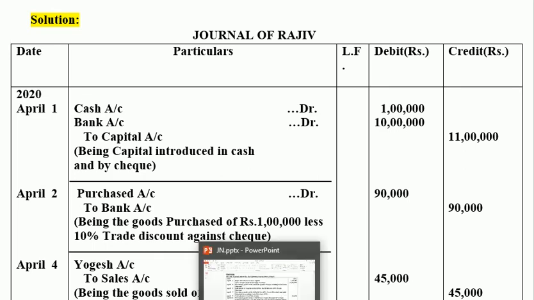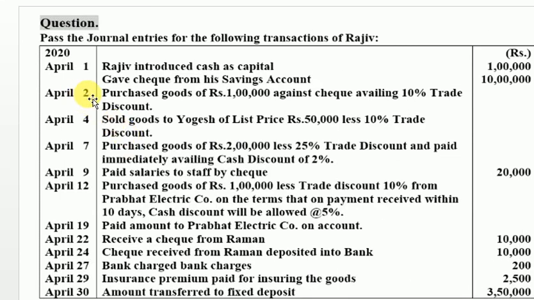Now comes to the second transaction, that is purchase goods of rupees 1 lakh against check, availing 10% trade discount. That means in Rajiv's business he is purchasing goods worth rupees 1 lakh against check. That means he is paying the money through check after availing 10% trade discount.